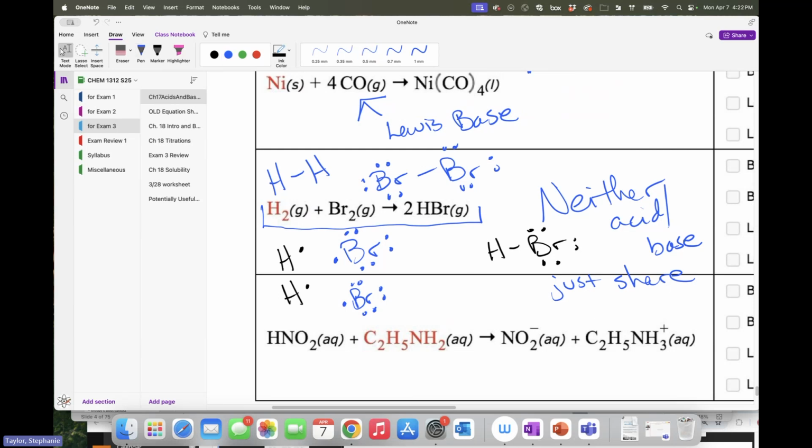But for those of you that it is helpful for, this reaction with the hydrogen and the bromine is a redox reaction. And because it's a redox reaction, it's not an acid-base reaction. That's actually the way that I do this, is because I am more familiar with redox reactions. I just look at it, and a redox reaction is not an acid-base reaction. And that's the way I actually do that one.